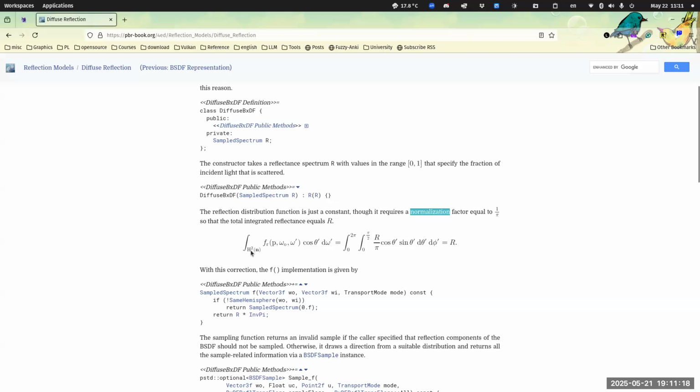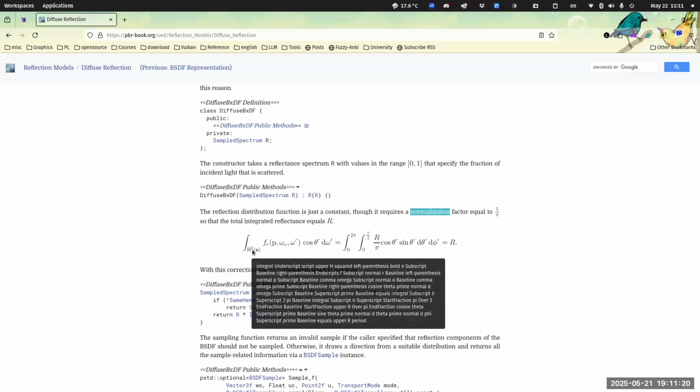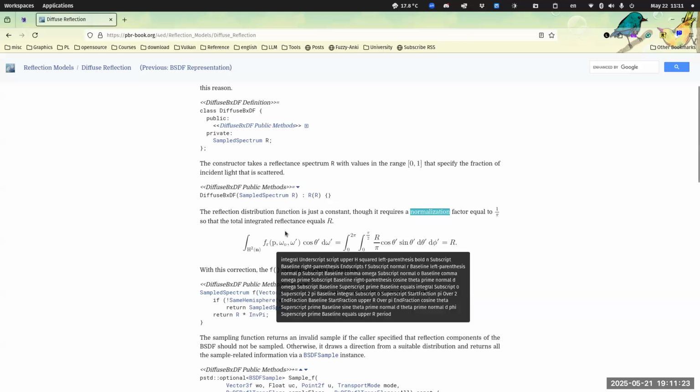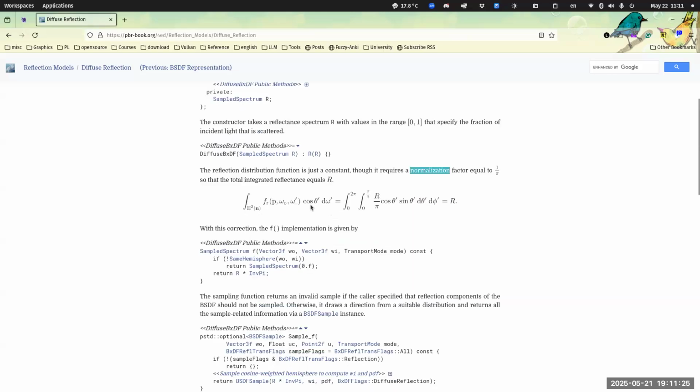This is the hemisphere, right? Yeah, I think it's hemisphere integration. I will trust this math to be correct. But anyway, it's not hard math to derive.